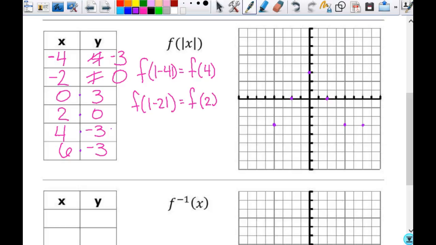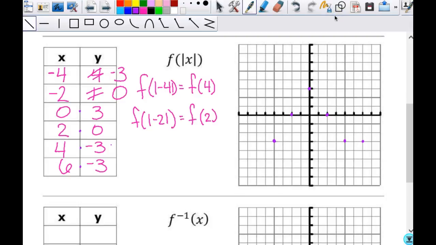Okay. So we connect the dots. Notice that this didn't just change a sign. It completely changed a number, too.